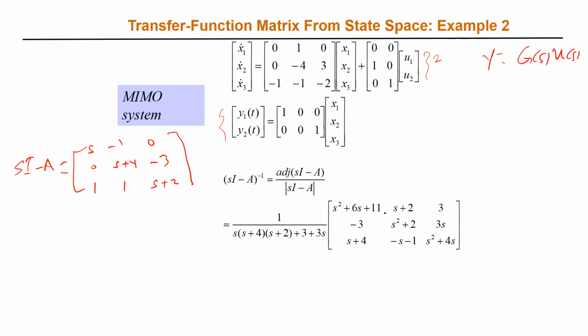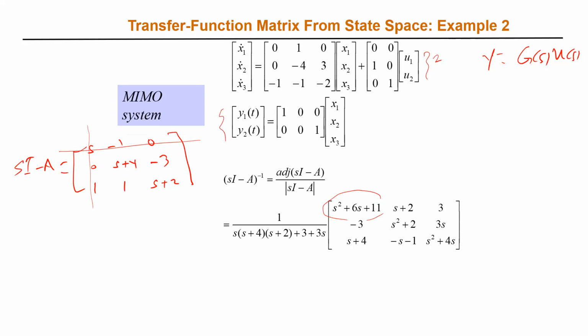In order to get the first element, you eliminate this row and this column and get the determinant of whatever is left in your matrix, and that will be the first element, or the cofactor. Then you alternate the sign and continue. I assume you have taken matrix inversion in one of the courses.